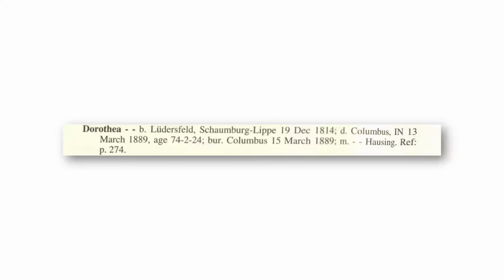We also find in this same GIACR book, in the same parish, a Dorothea, surname Hansing. We don't know her maiden name, so that's why it has the two dashes. But if you look later in the entry toward the end there, it says M period, meaning married, someone named, again, the typo of Housing, which we believe is Hansing.